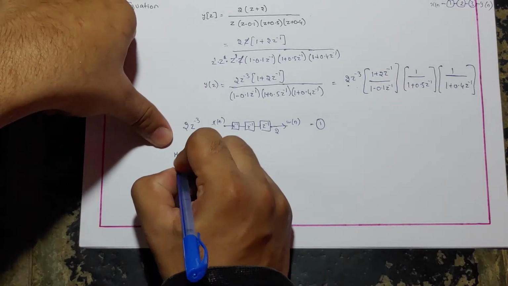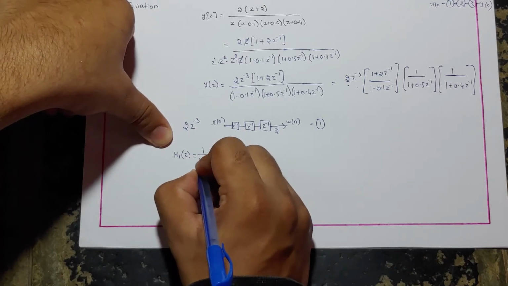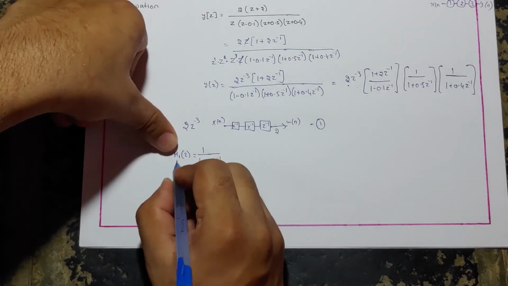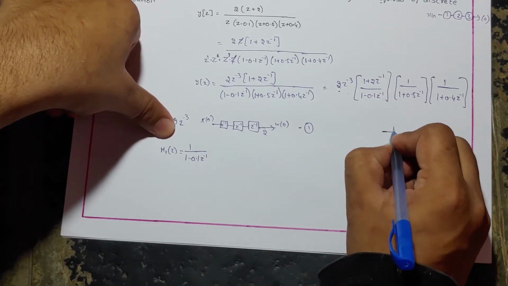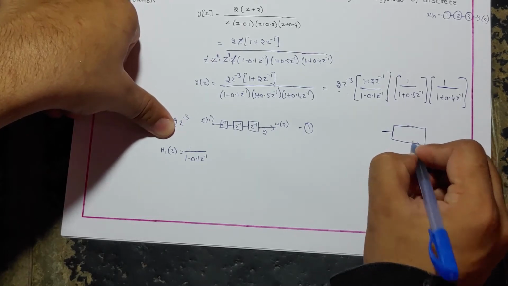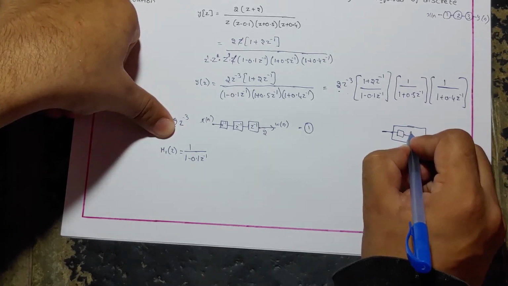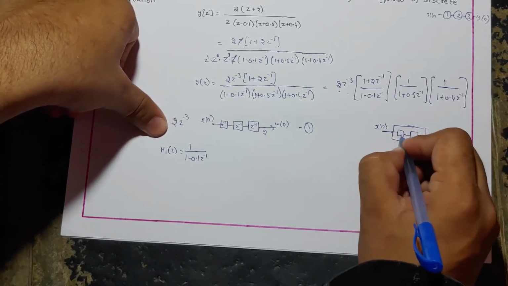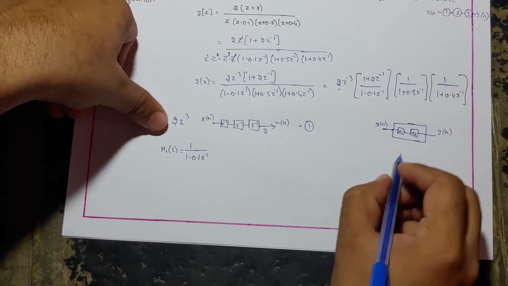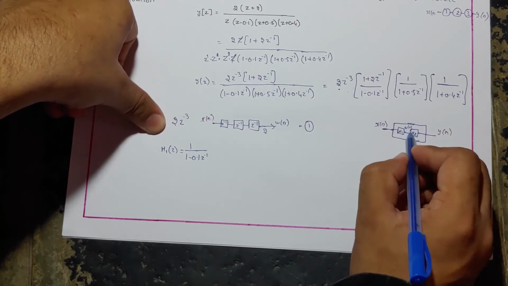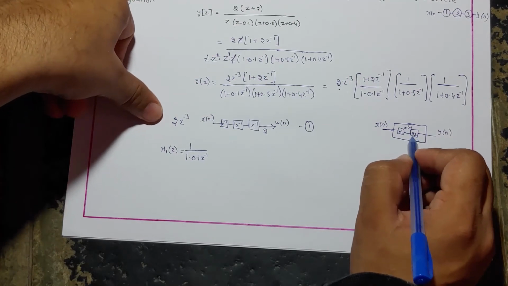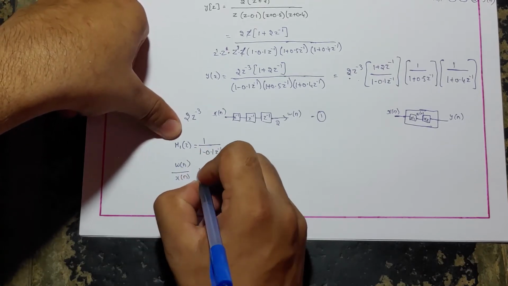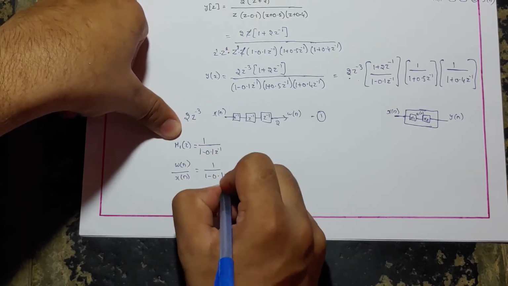That is, H1 of z is equal to 1 by (1 minus 0.1 times z inverse). x of n, y of n, H1, H2. H1 outputs w of n, and w of n is the input for the second function. Now w of n is the output and x of n is the input, which is equal to 1 by (1 minus 0.1 times z power minus 1).